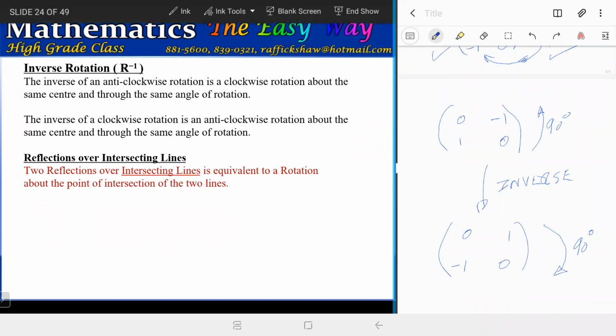The angle of the rotation is twice the angle between the 2 lines. So 2 reflections over intersecting lines is equivalent to a rotation about the point of intersection of the 2 lines, and twice the angle between the lines.